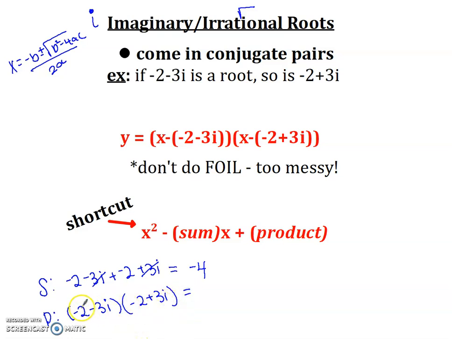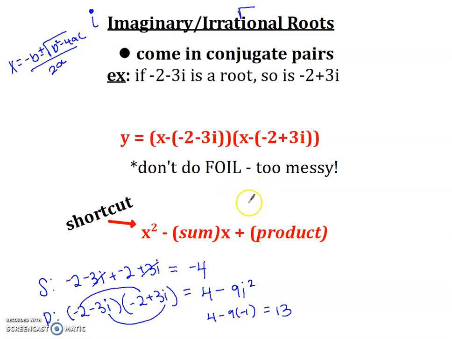Okay, since they're always conjugates, you only have to multiply the first and the last. So that would give me minus 9i squared. Okay, and remember, i squared is -1, because i is the square root of -1, so square it, you'll get -1. So that's going to be 4 plus 9, making the product 13.